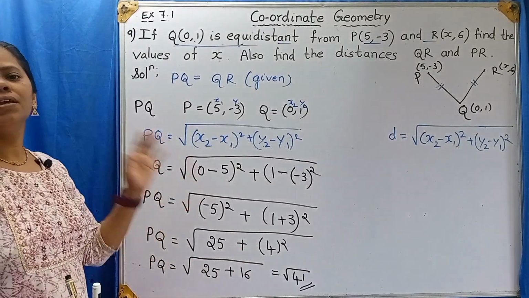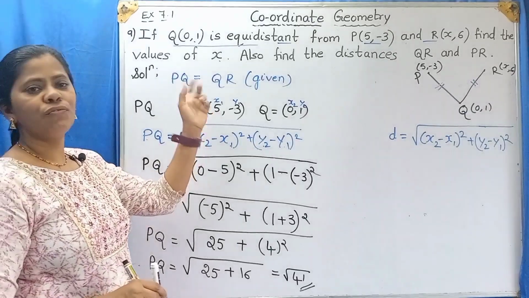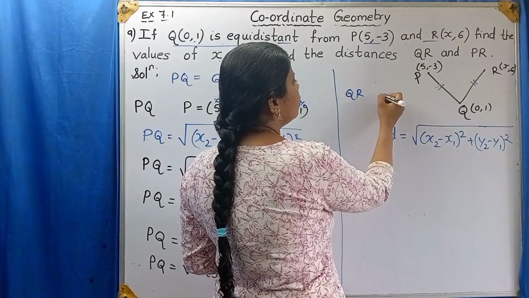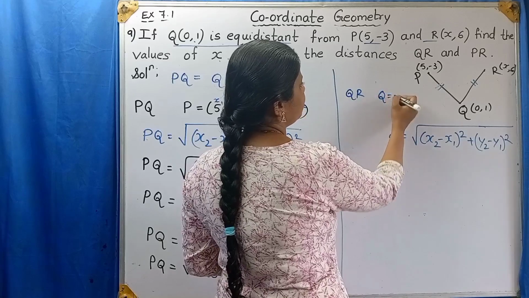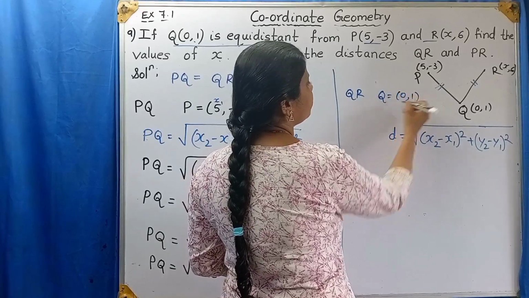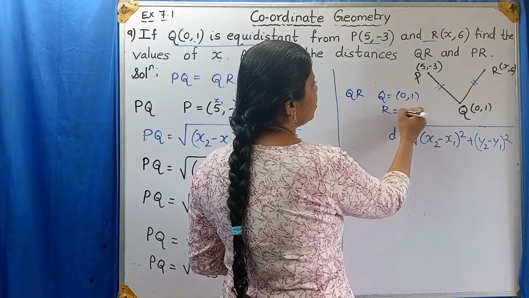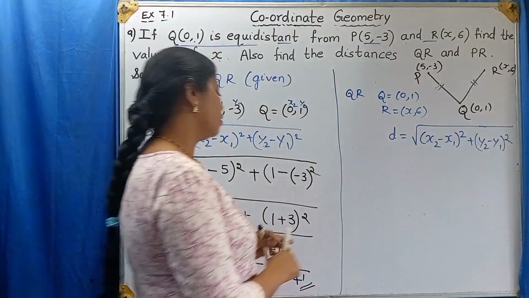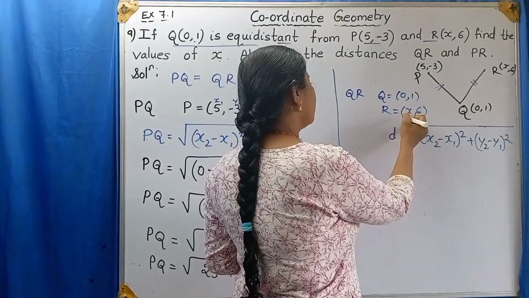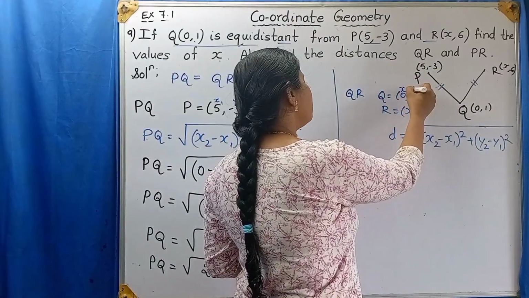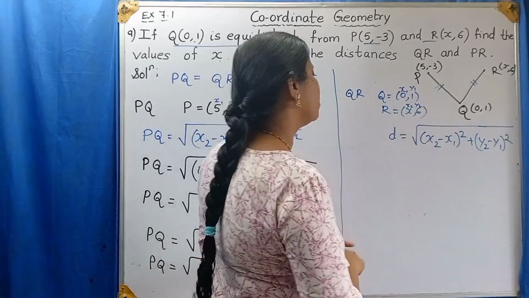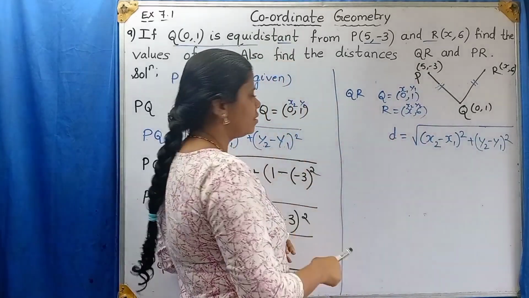In the same way, let us find out the distance between the points Q and R. The coordinate of Q is (0, 1) and the coordinate of R is (x, 6). Therefore, this is our x1, this is our y1, this is our x2 and this is our y2. Let us apply the distance formula.